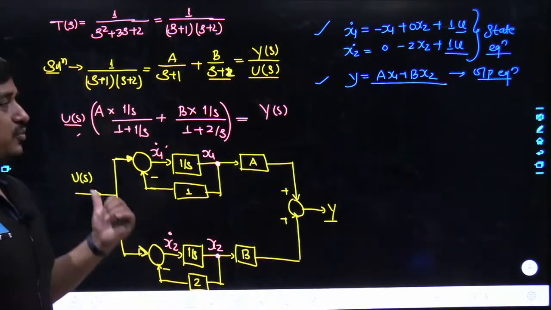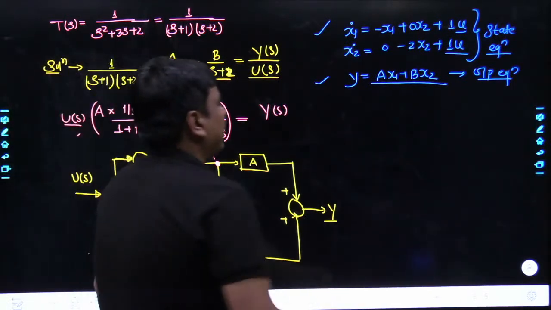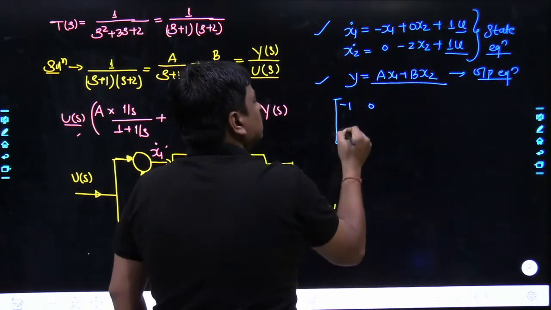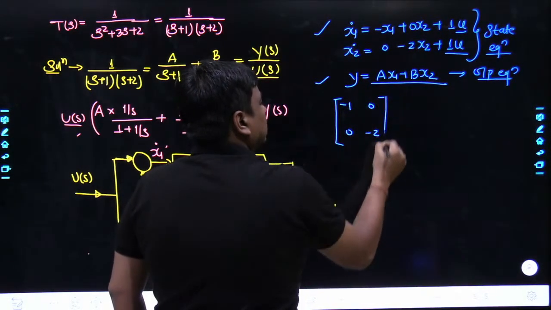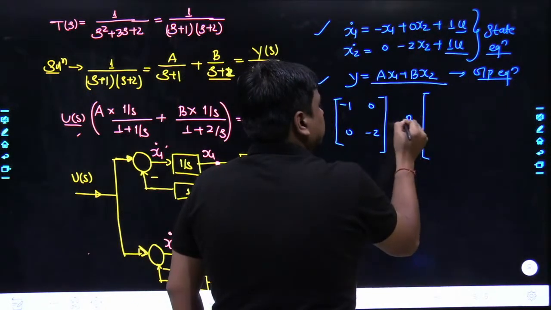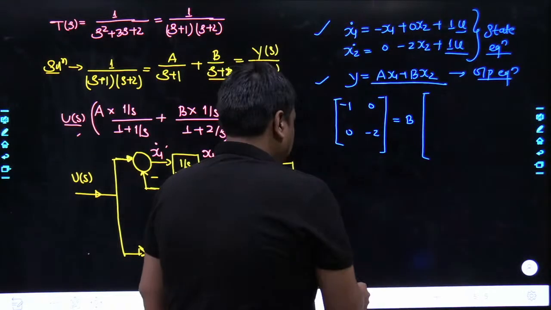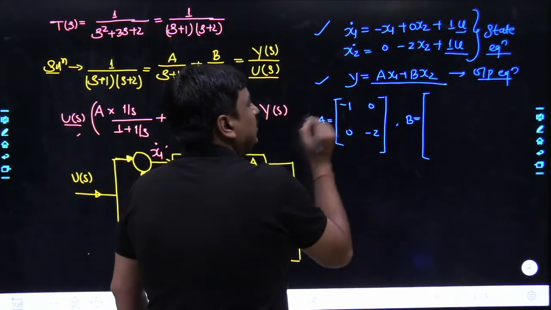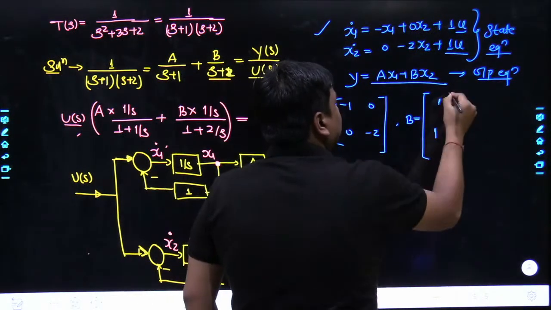Now it's turn to write A. What would be the matrix A? Simply it would be [-1, 0; 0, -2]. Similarly, the matrix B: here comes 1 and 1.